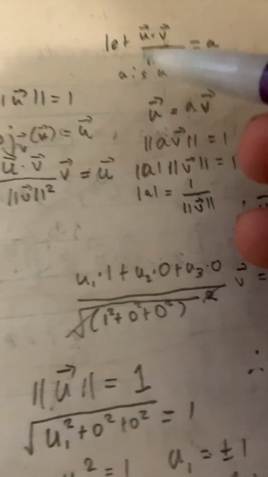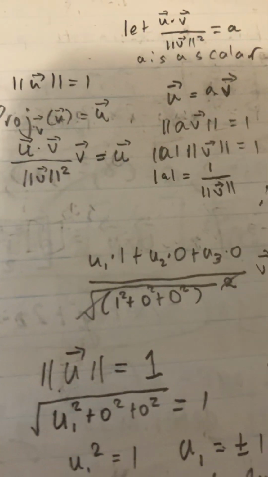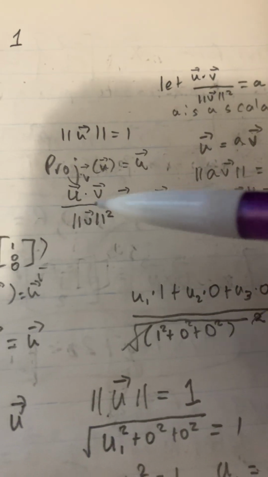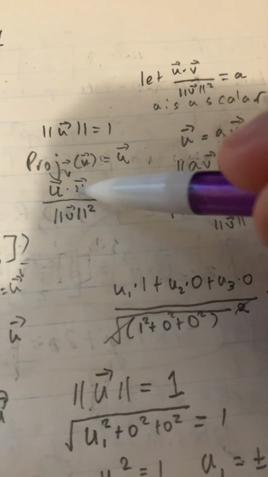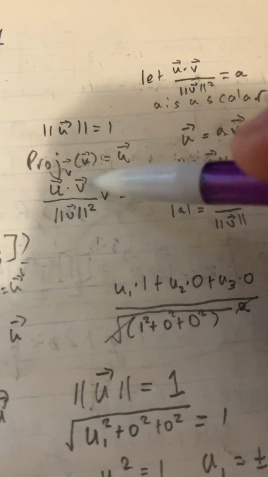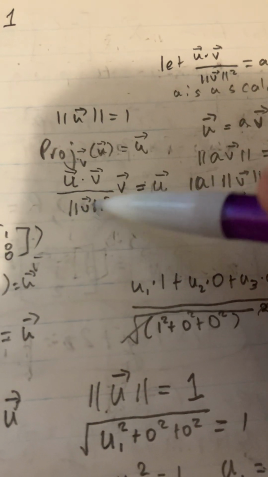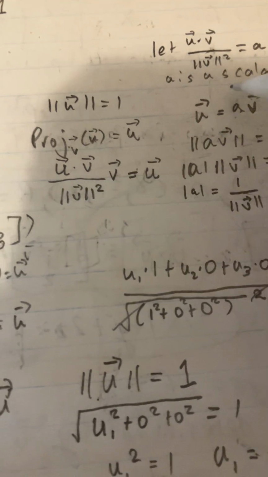So we can see that u dot v is a scalar, because dotting two vectors gives you a scalar, and dividing it by the magnitude squared, which is also a scalar, is just going to be a scalar.